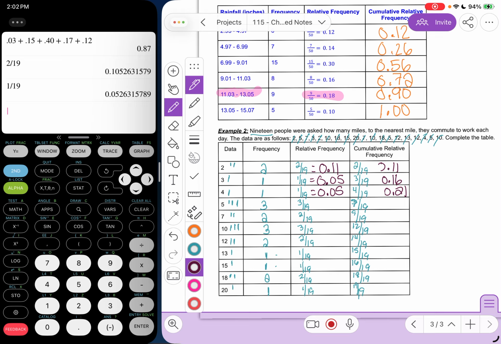And then 3 out of 19 would be 0.16. 21 plus 16 would be 37.